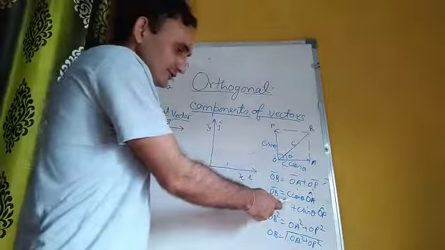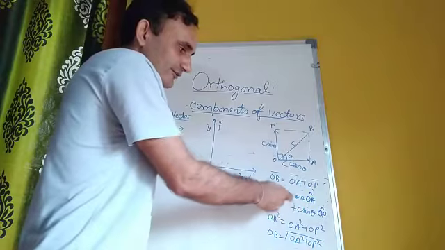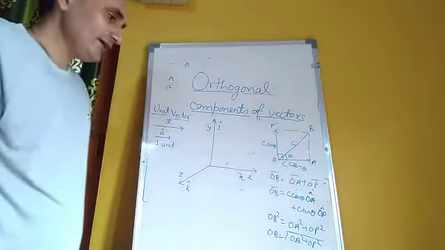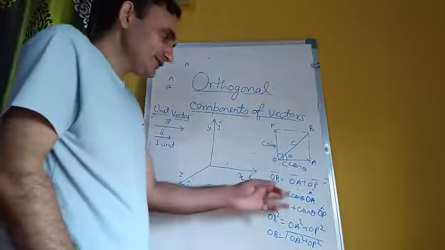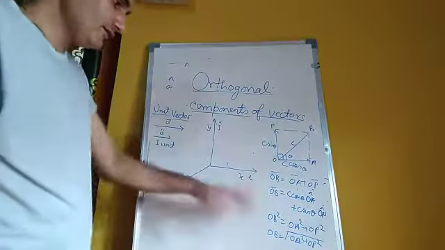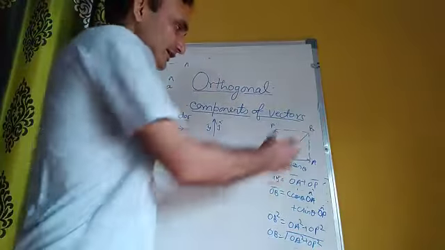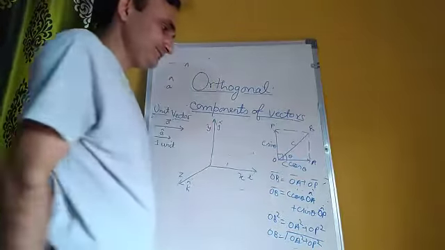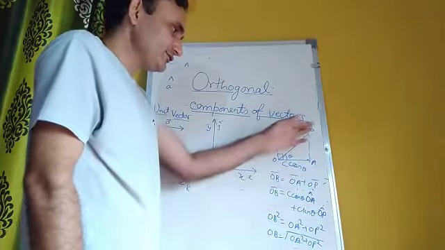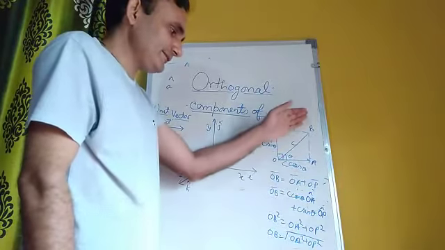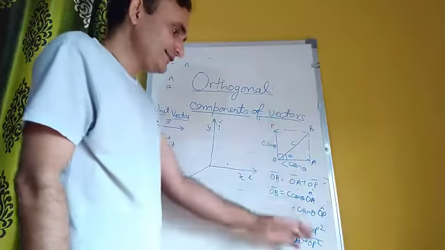So now c cos theta times the OA unit vector is equal to the OA vector. C cos theta is the length of OA, so we are taking the length and the unit vector of OA. Similarly here. Now one more thing: in the triangle OBA we can apply Pythagoras, and we will use only the lengths, not the vector signs. So OB square is equal to OA square plus AB square, and AB we can write as OP square.